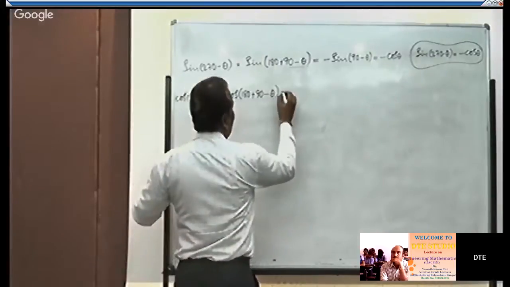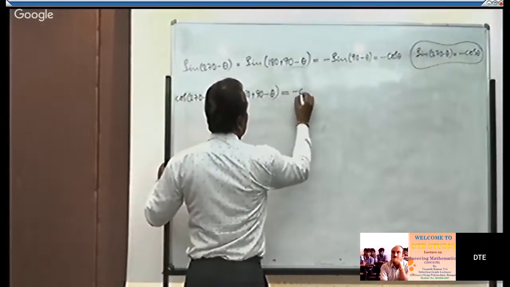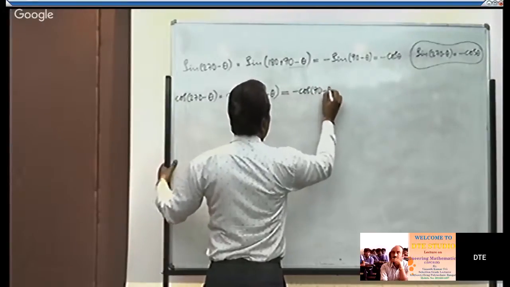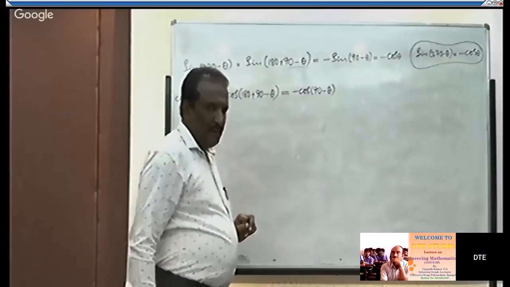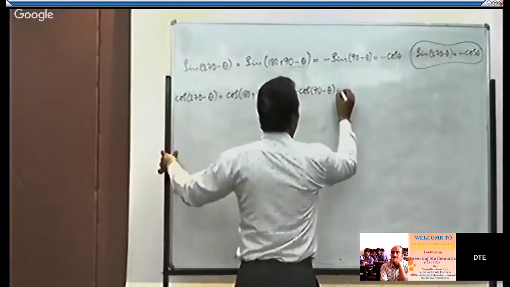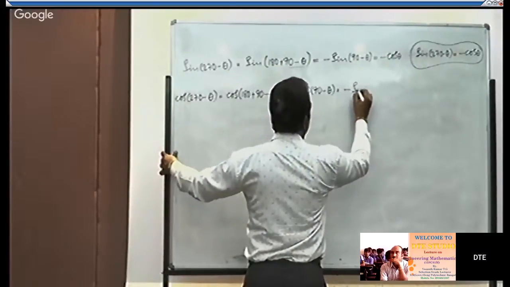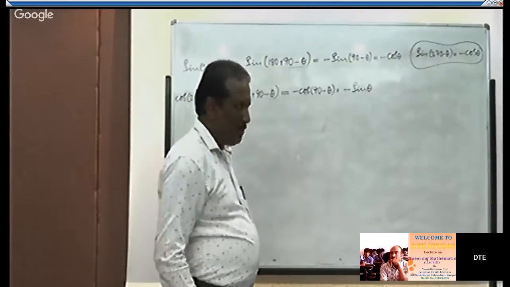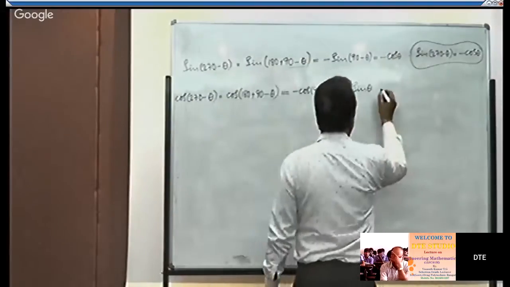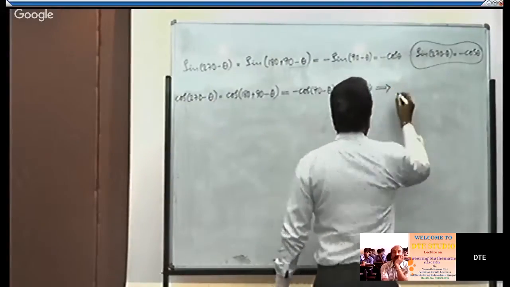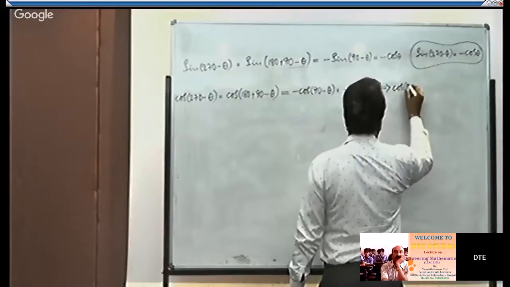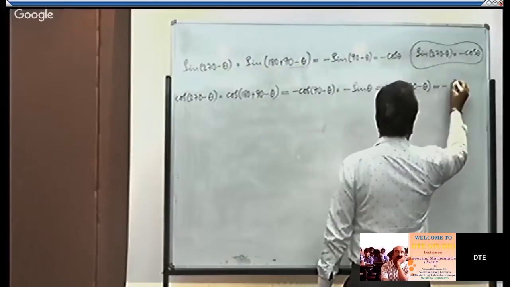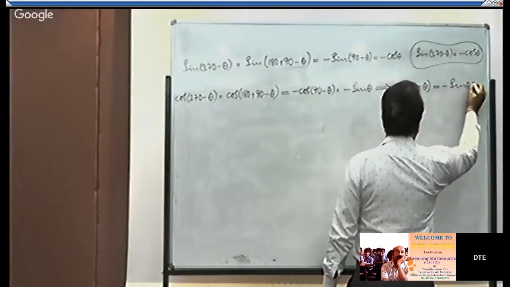Cos of 180 plus theta, we know that it is minus cos theta. In the place of theta, it is 90 minus theta. Right? Now this is minus cos of 90 minus theta. We proved it as minus sin theta. So cos of 270 minus theta is equal to minus sin theta.